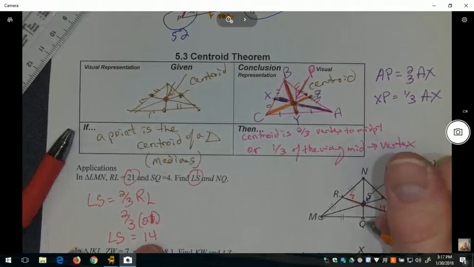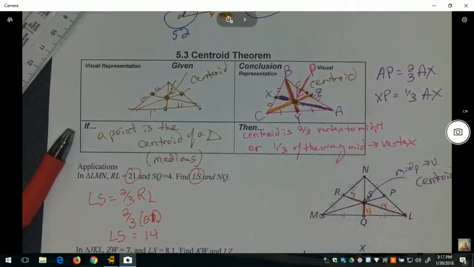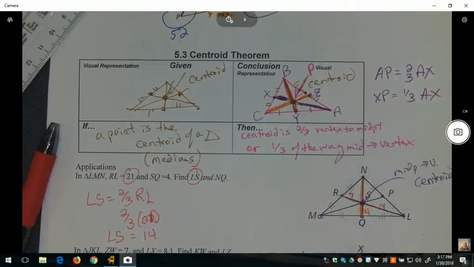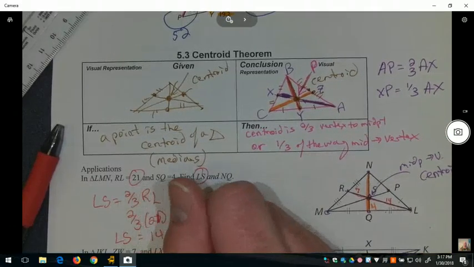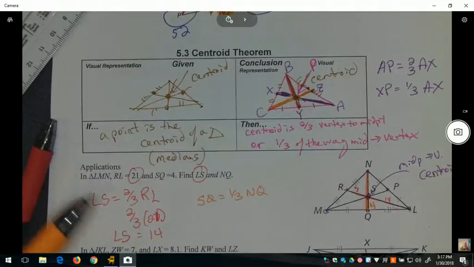They also tell us the distance from S to Q, and they tell us that that is 4. Well, that's part of NQ. In fact, it is 1/3 of NQ. So SQ equals 1/3 of NQ.